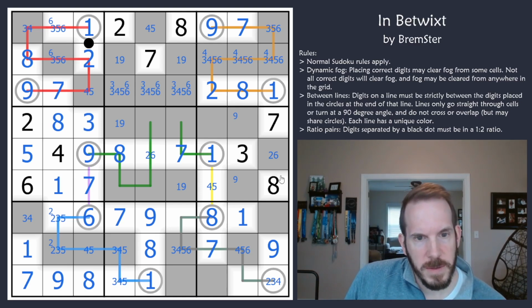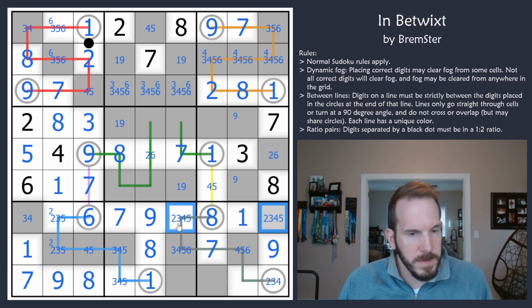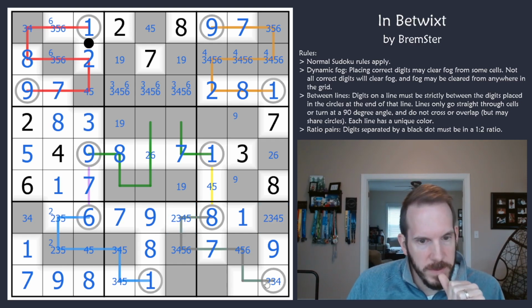Let's see. This row still needs 2, 3, 4, 5. I'm not really restricted so much on here. I'm just wondering, keeping an eye on this to see if it can still be 4, and I think this can still be 5, 6. That would be okay.